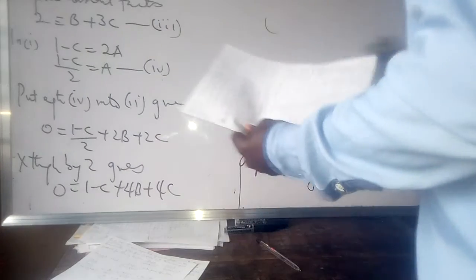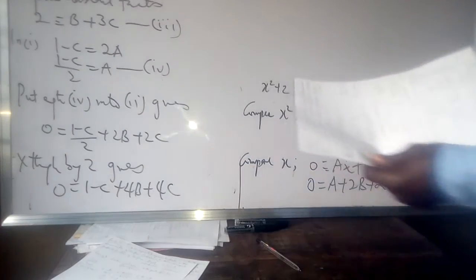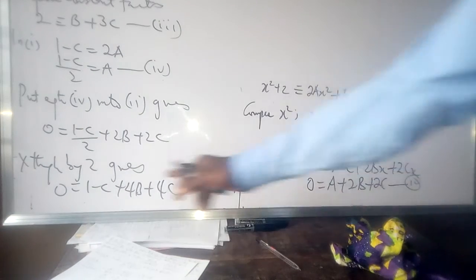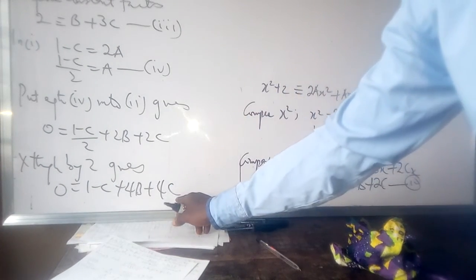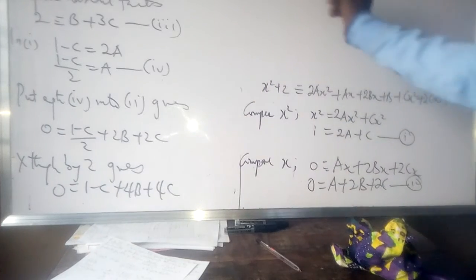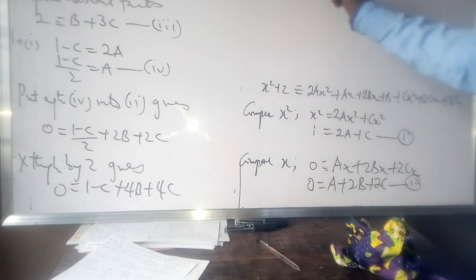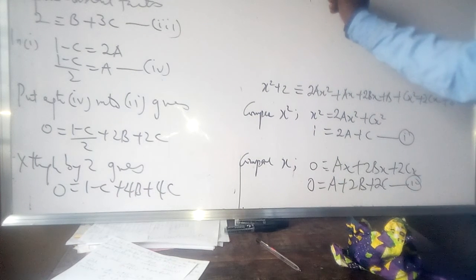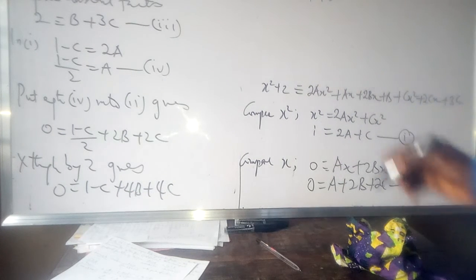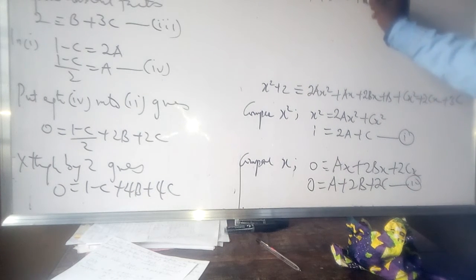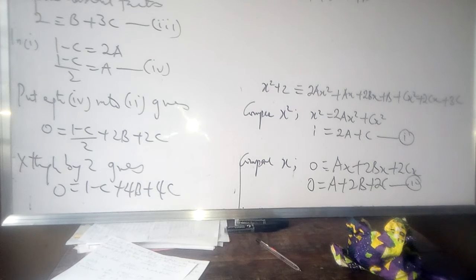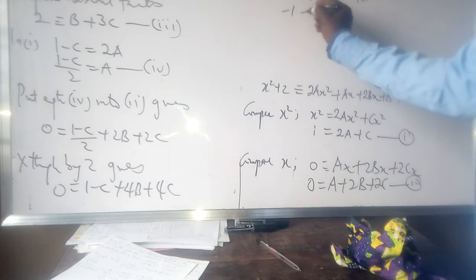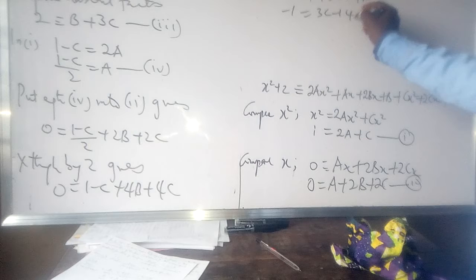Okay, by the time we simplify that, what are we going to have? We have minus c plus 4c. So we are going to have 0 is equal to 1, minus c plus 4c, that's plus 3c, plus 4b. So that gives us minus 1 is equal to 3c plus 4b.